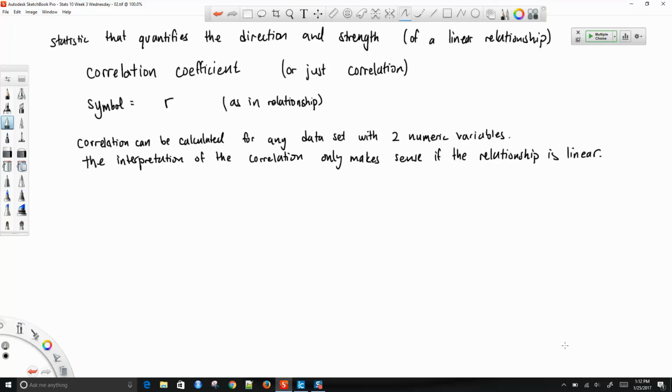So you can still calculate correlation even if it's not linear. It's not going to have any meaning there.